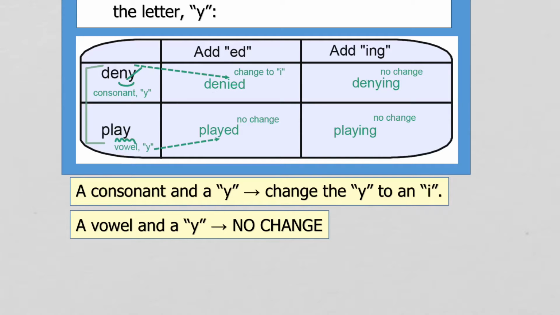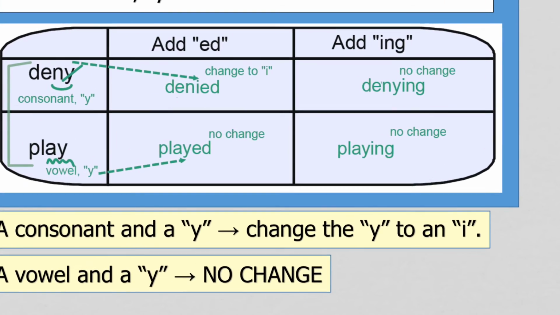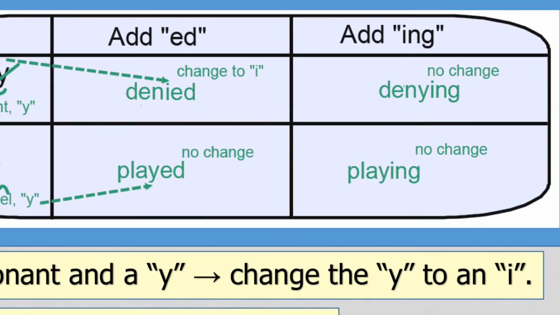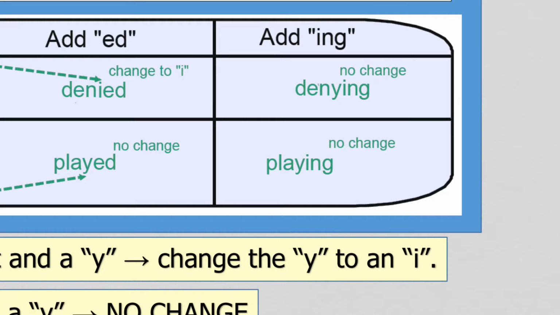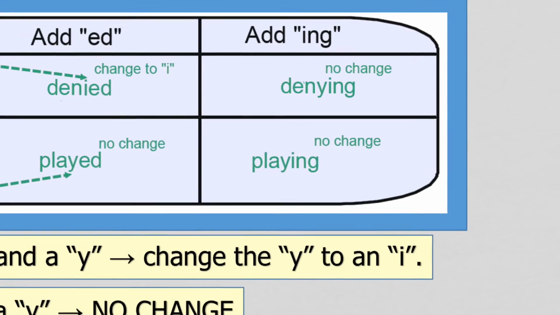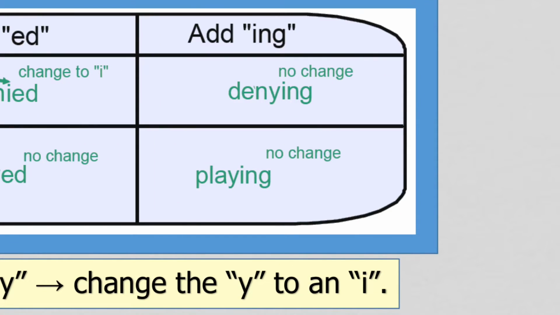Okay. So we go from deny, the root word deny, D-E-N-Y, and then we could add ed, and we'd end up with denied, D-E-N-I-E-D. Notice how we've changed that Y to an I. Right. Now, if we're adding ing, something that's good to know is that we don't have to change it at all.